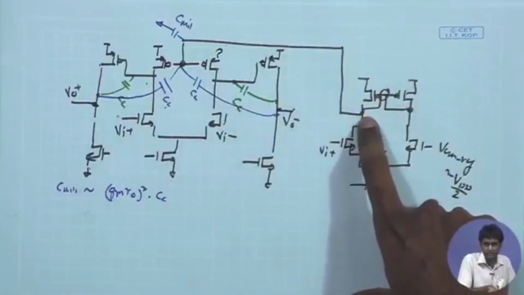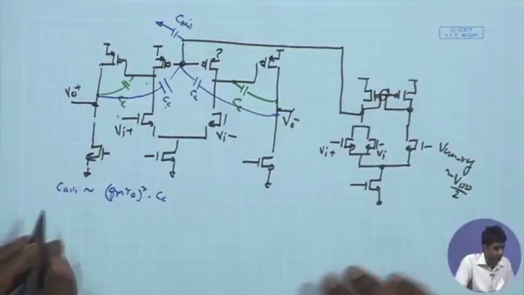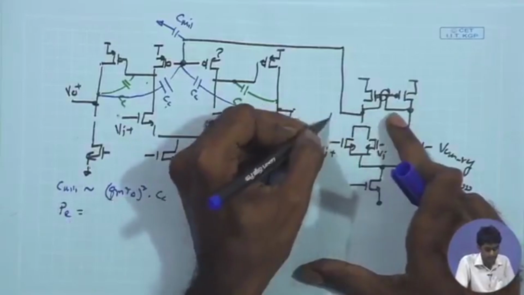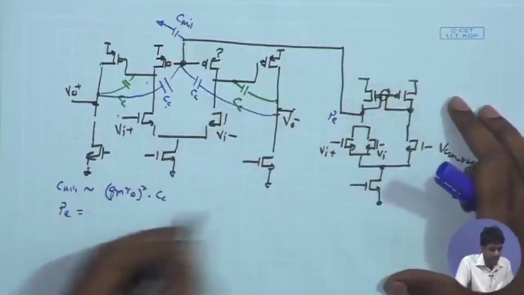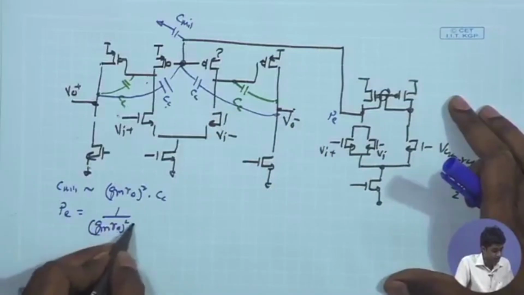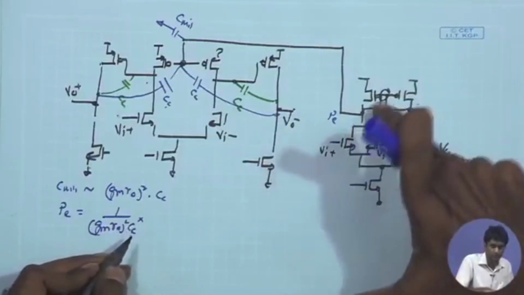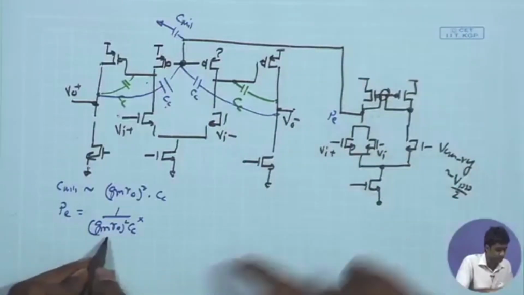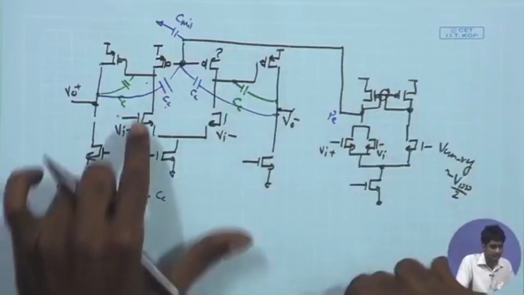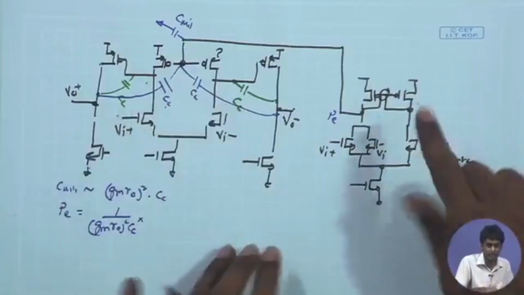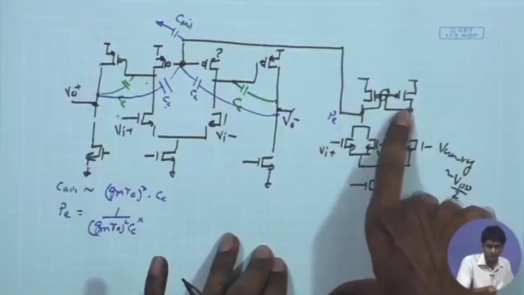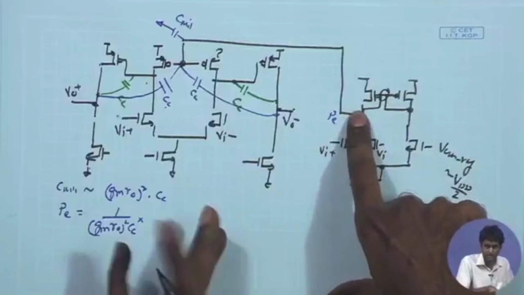It will give us advantage only if this is a current mirror load. If this is a diode connected load, then once again the pole at this point, the pole of the error amplifier, if I call it PE, will still be given by 1 upon GmRo square times CC times the impedance over here. For the diode connected case that would have been just 1 upon Gm, which would just lead to GmRo square times CC, similar to what we get over here. However, if I have this current mirror load, in that case the impedance over here is large, close to Ro by 2.